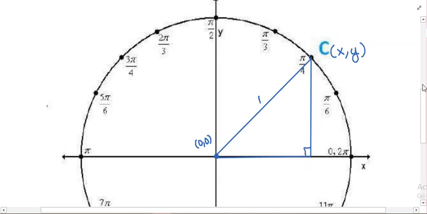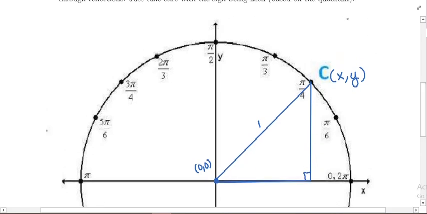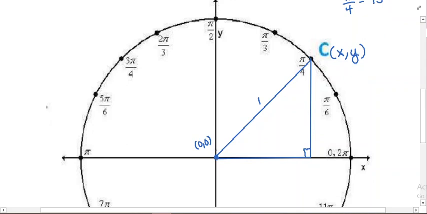We know that pi over 4 is the same thing as 45 degrees. So since this angle right here is drawn at the pi over 4 or 45 degree mark, this is a 45 degree angle. And we know that the angles in a triangle have to add up to 180 degrees.